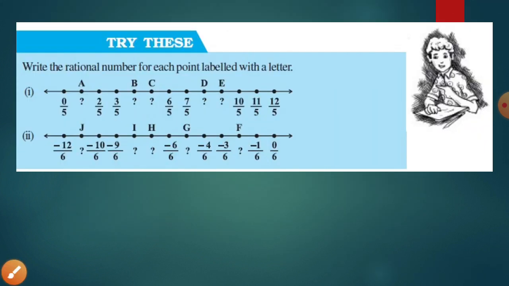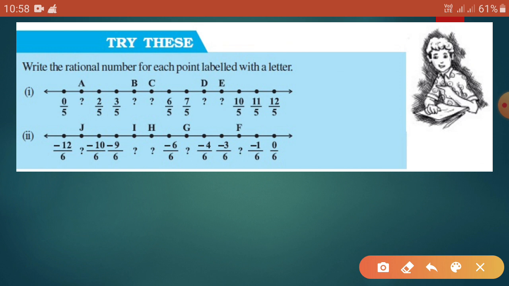The next slide. So here try this. This is the NCERT question. Write the rational number for each point labeled with a letter. So we can find it is 0 by 5, sorry, it is 0 by 5 at the starting.